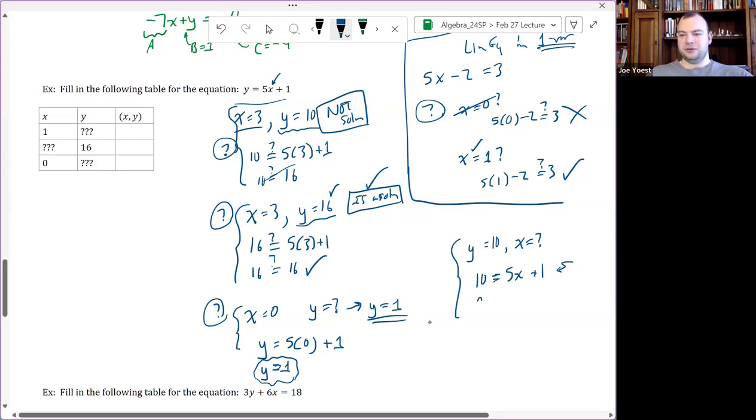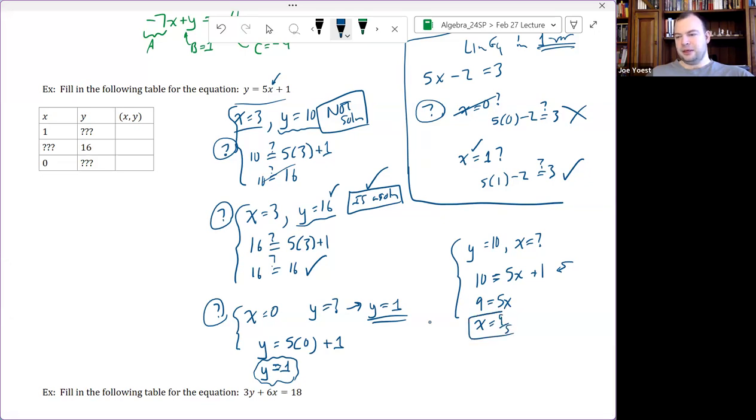I subtract 1 from both sides. I divide by 5. In this case, I got a value for x that's not a whole number. It's not a nice round integer. But that's perfectly okay. There's nothing saying that these always have to be integers.